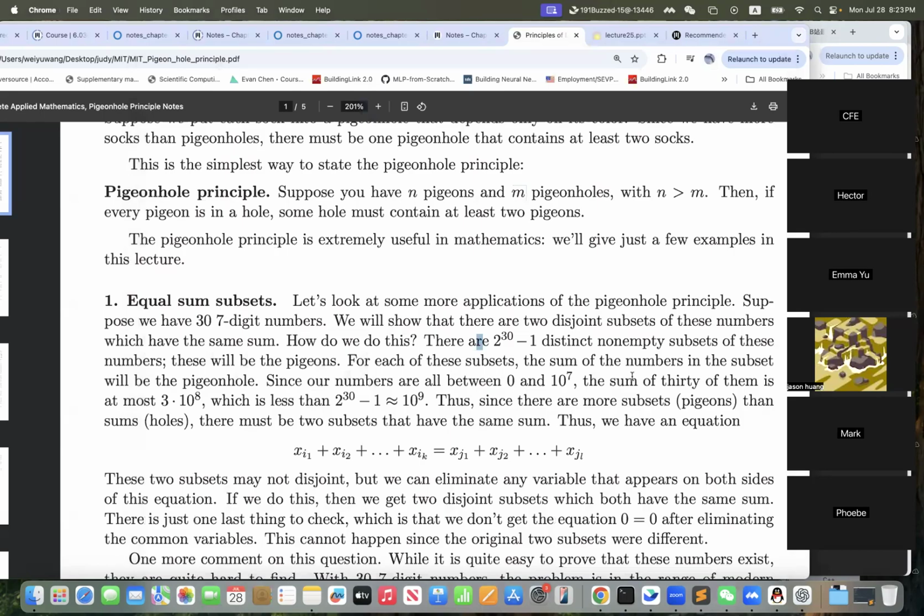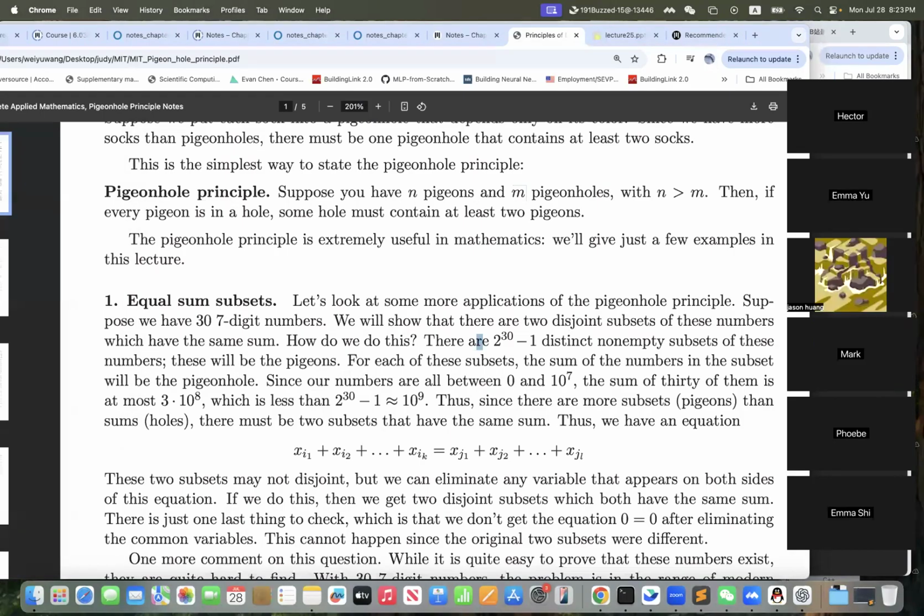So now, can you briefly explain why there are 2 to the power of 30 minus 1 distinct non-empty subsets out of this set of 30 numbers? Because for every number you can either select it or not.